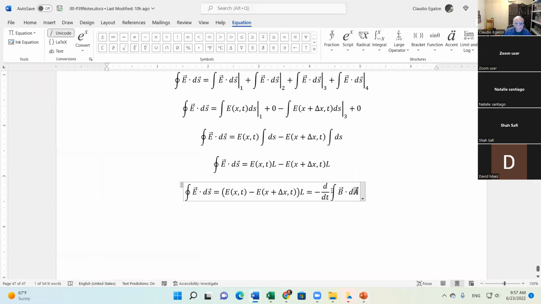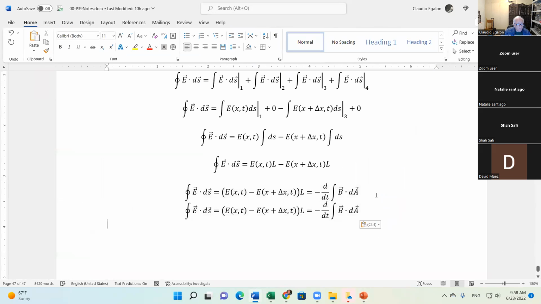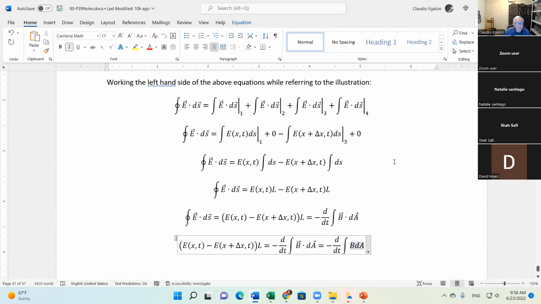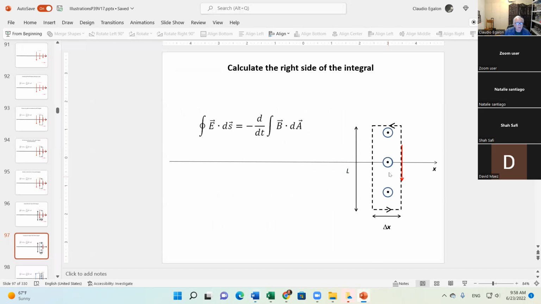Let's go back here. Now, magnetic field here. By the way, first we recognize that B dot dA is going to be B dA, because the magnetic field points in the same direction as the area.